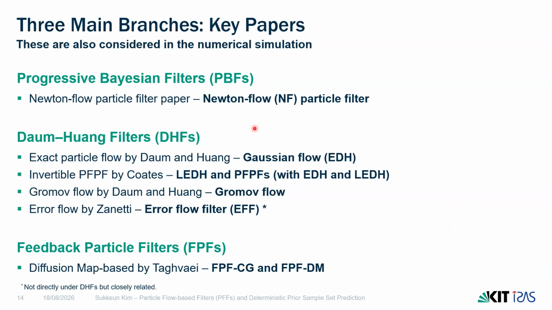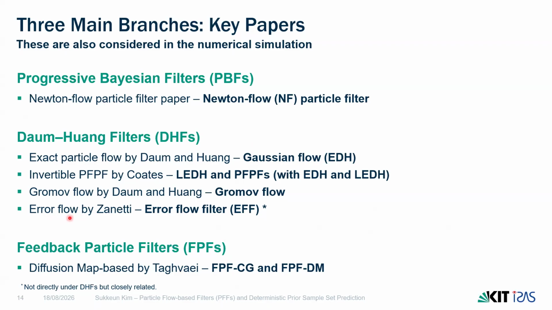From the PBF or the Hanebeck group, the Newton flow particle filter is one of the state-of-the-art approaches you can look at. From Daum and Huang's filter, the Gaussian flow or EDH, exact flow Daum-Huang, is one of the key papers, and then one of the very fundamental papers is this one. The invertible particle flow filter by Cortes' group is another variant of the EDH. The Gromov flow by Daum and Huang is one of the latest variants of Daum and Huang's filter, which is stochastic. We'll discuss it in more detail later.